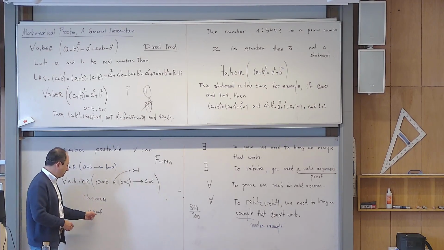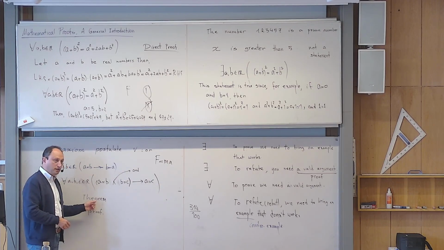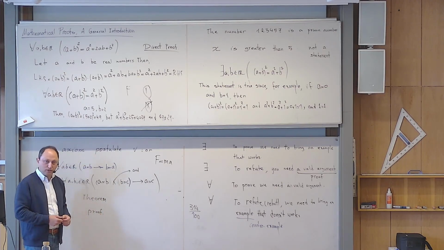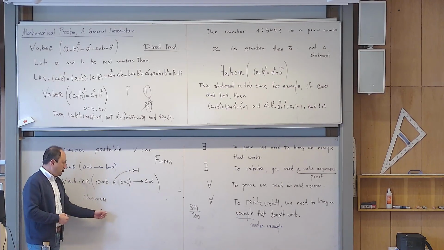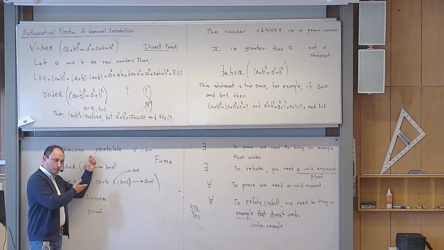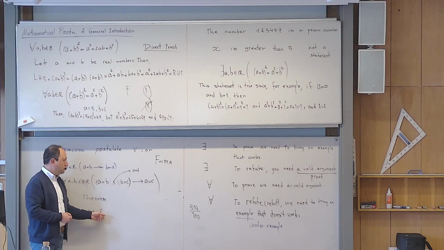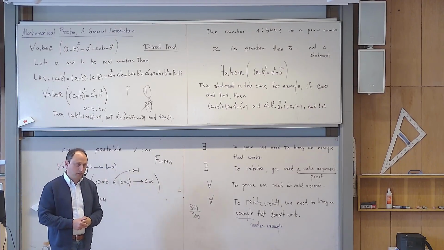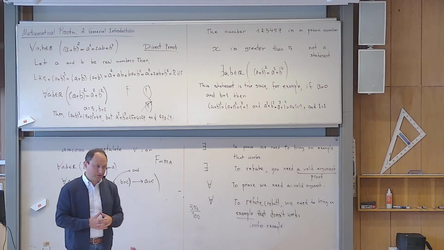So the things I can use are, of course, logic, my axioms that I established before, and the theorems that I showed to be true before this very theorem. Is that clear? Could I answer your question?